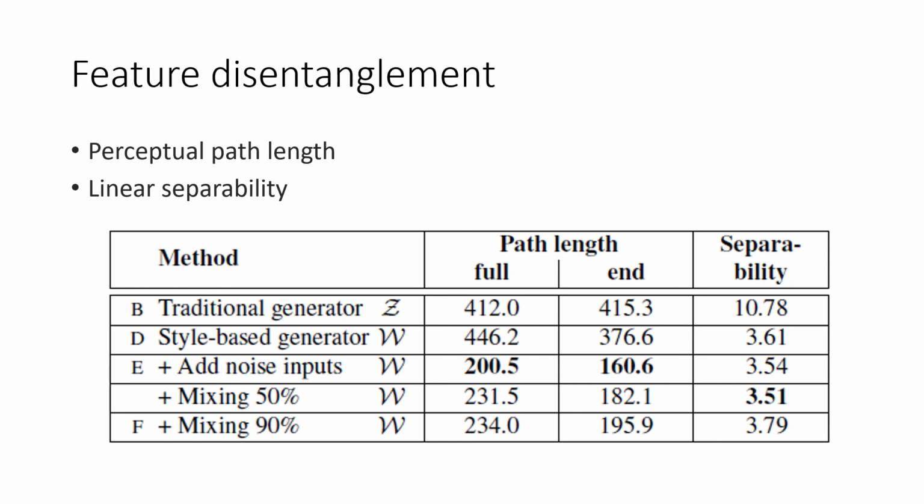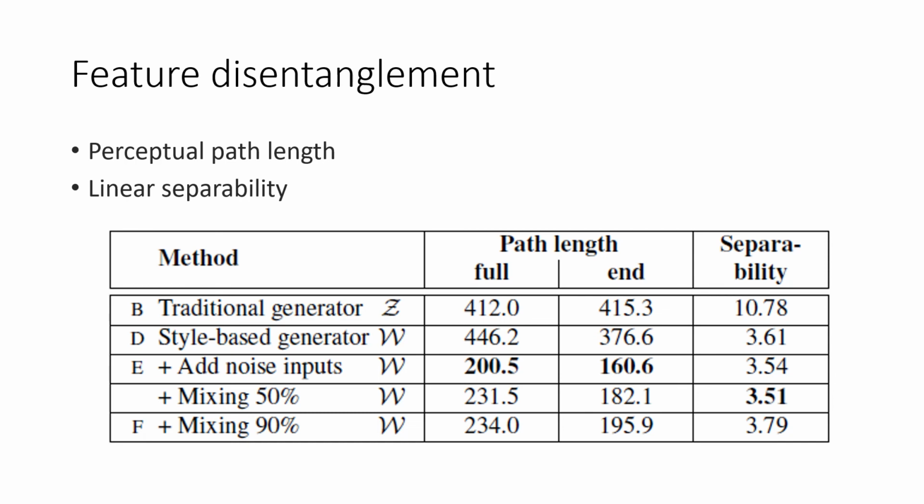To present the quantitative measure of feature separation, the paper presents two novel ways to measure the feature disentanglement: the perceptual path length and linear separability. The perceptual path length measures the difference between two consecutive images, where a drastic change means that multiple features have changed together and they might be entangled.